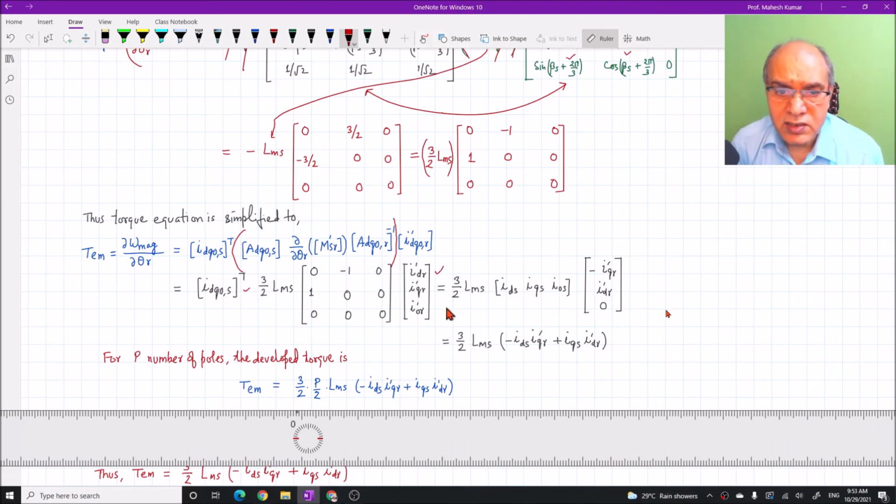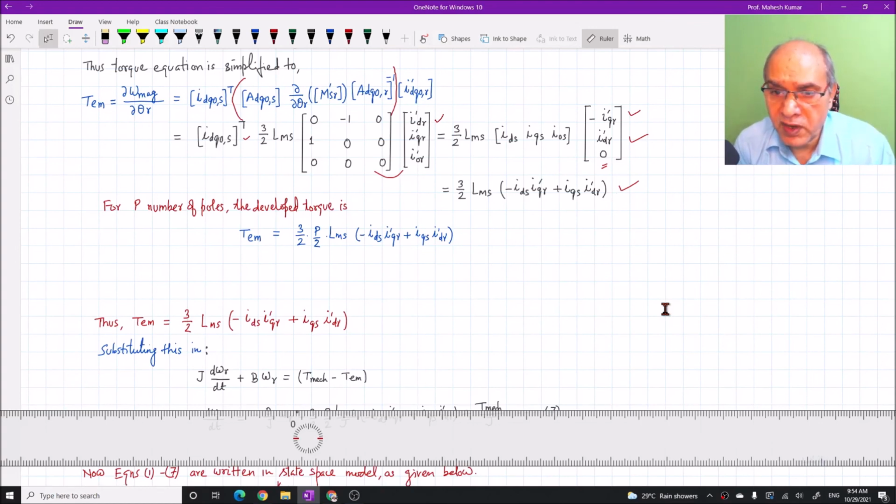Since there is a constant, basically it comes as minus IQR, because this into this becomes minus IQR, this into this becomes IDR, and the last row is 0, so 0 into 0 becomes 0. So this into this becomes this matrix, and this into this becomes this. So finally we have TEM as 3 by 2 LMS times minus IDS IQR dash plus IQS IDR dash. This is the final expression.